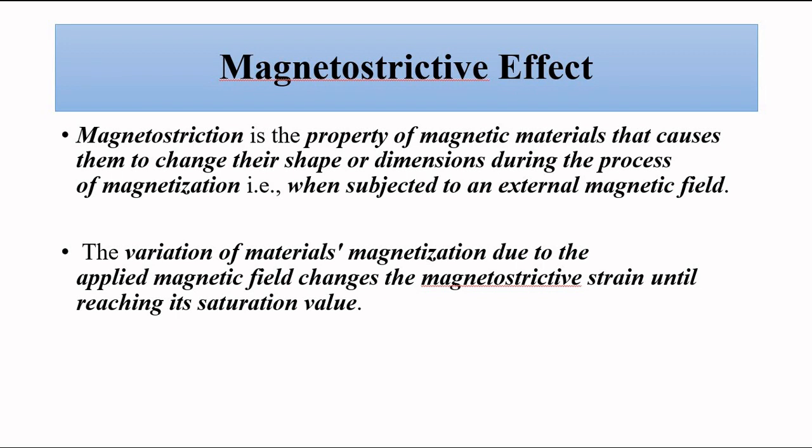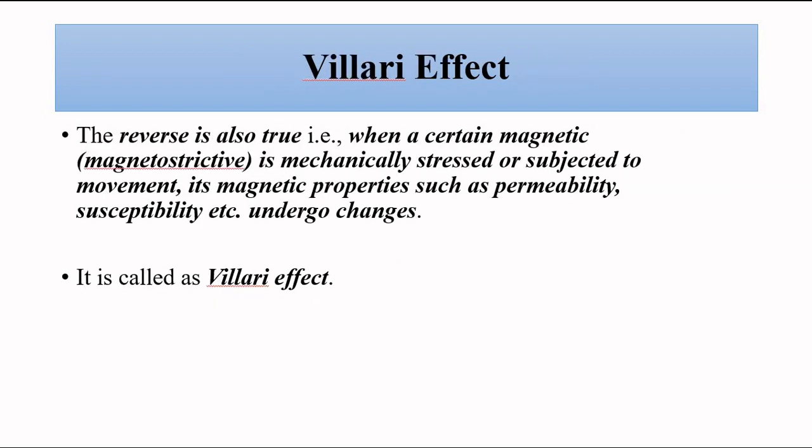And when the reverse happens, that is, when the same ferromagnetic material is exposed to stress, mechanical force or pressure, it undergoes changes in its magnetic characteristics, especially the characteristic we are interested in, which is relative permeability. Relative permeability changes with respect to application of force or pressure or stress.